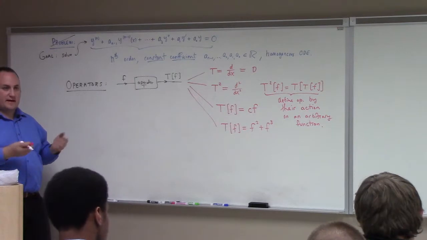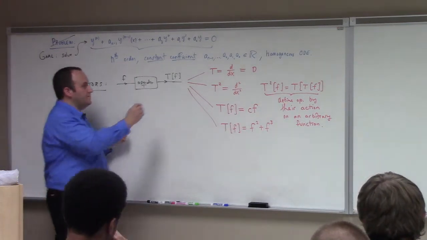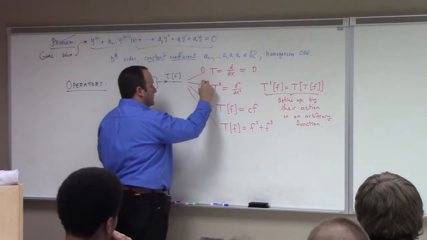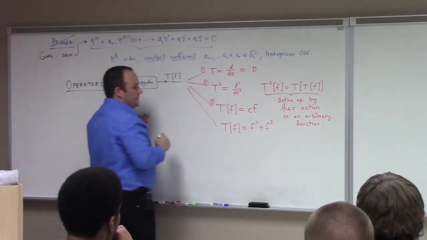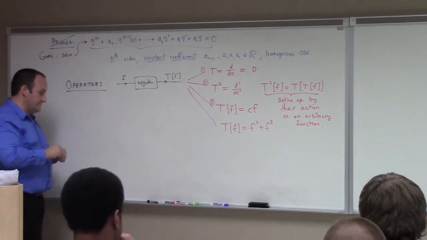You get the idea. Now, the first three of these examples are all examples of what are called linear operators. Why is that?